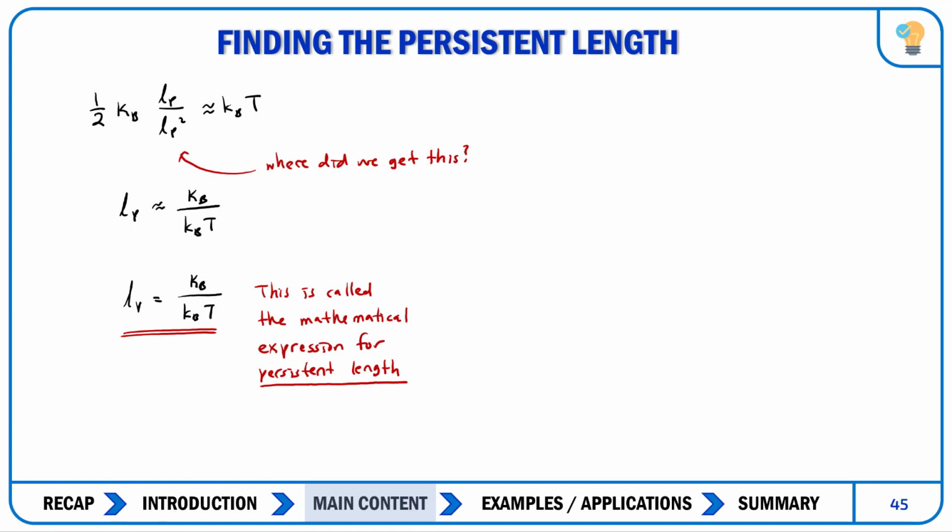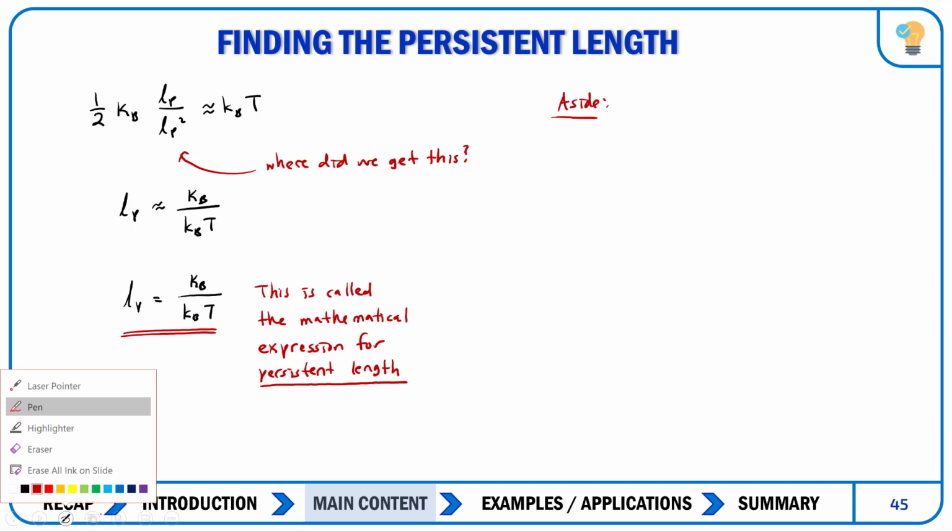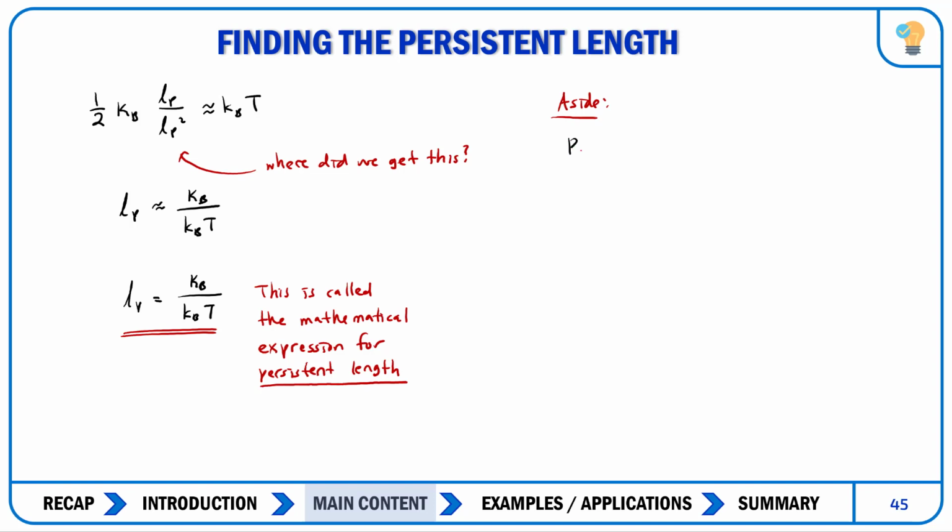Okay, so as an aside, I just wanted to quickly mention a few things to extend your knowledge. When we try and calculate probability, which is something we'll get into in the next portion of this unit, the probability of something bending, let's just draw probability of this, where, let's say, R is equal to delta L, is approximately E to the negative E bend over kBT.